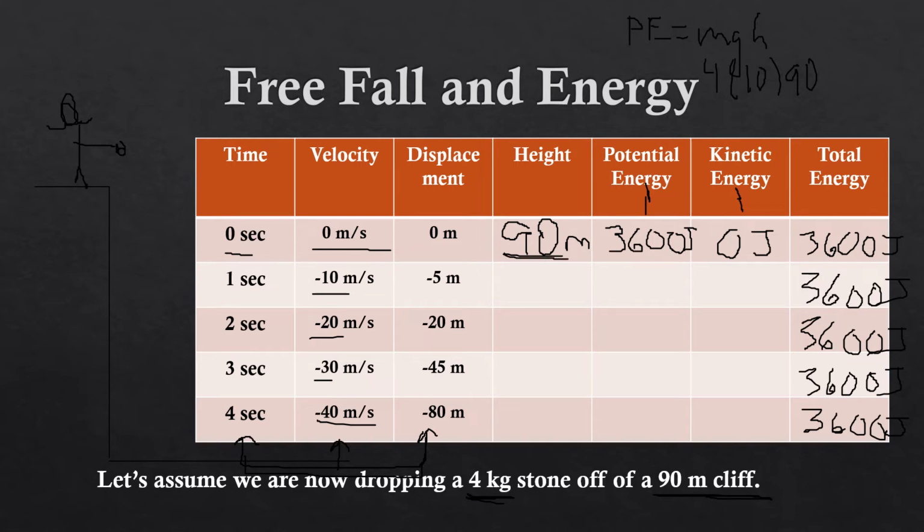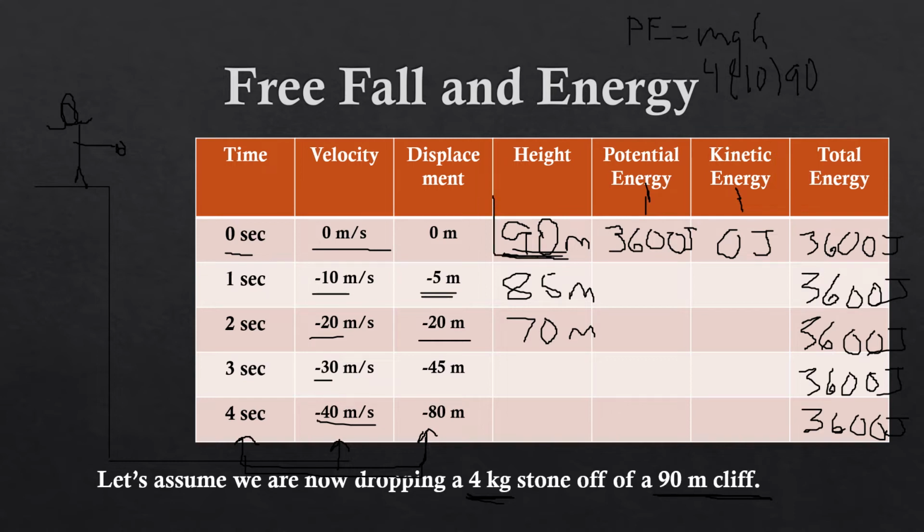If we had a height of 90 and you fell 5 meters, what's your height? 85. 90 minus 5. Okay. If you had a height of 90 and then you fell 20 meters, what's your height? 70. Now here's what I'm trying to show you.